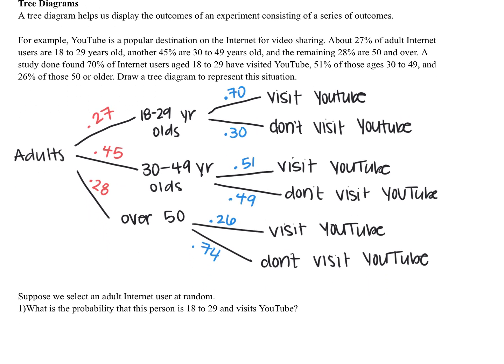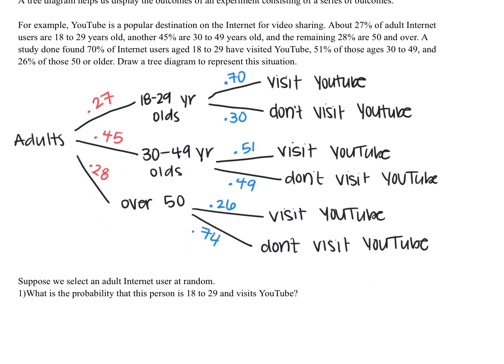The way we then calculate probabilities from this is a little bit different. Suppose we select an adult internet user at random. What is the probability that this person is 18 to 29 and visits YouTube? The way we do an "and" probability is you multiply the branches together.